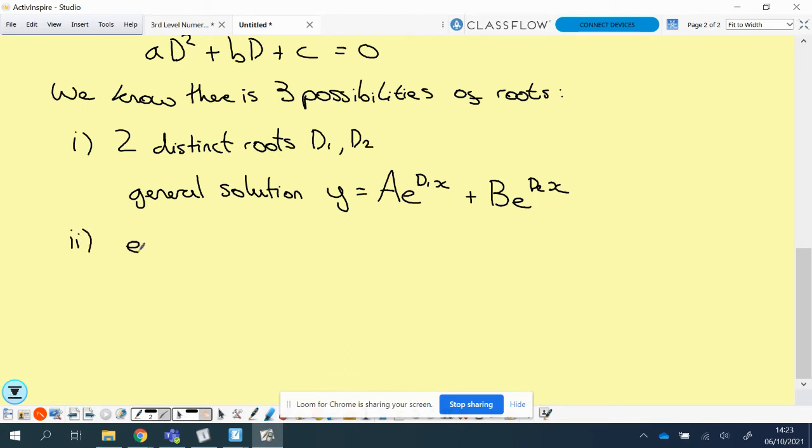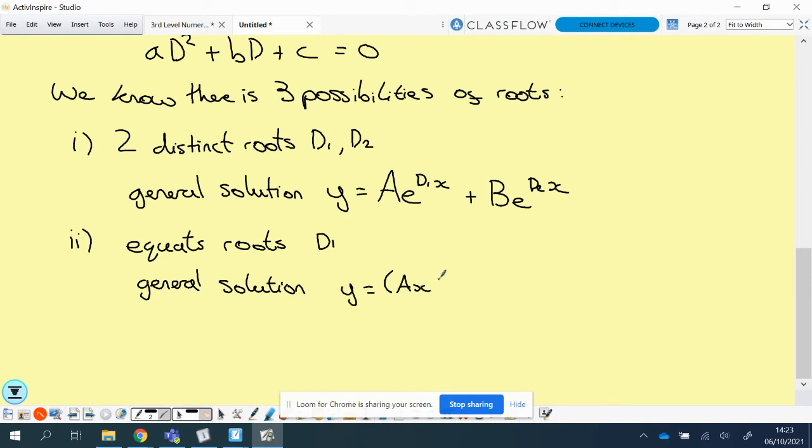Okay, then if we go to case 2, then we could have equal roots. So in other words, two roots but the same, equal roots. So they'd both be the value D1. And what that would give is a general solution of y equals (Ax + B) e^(D1 x), where D1 was the root.